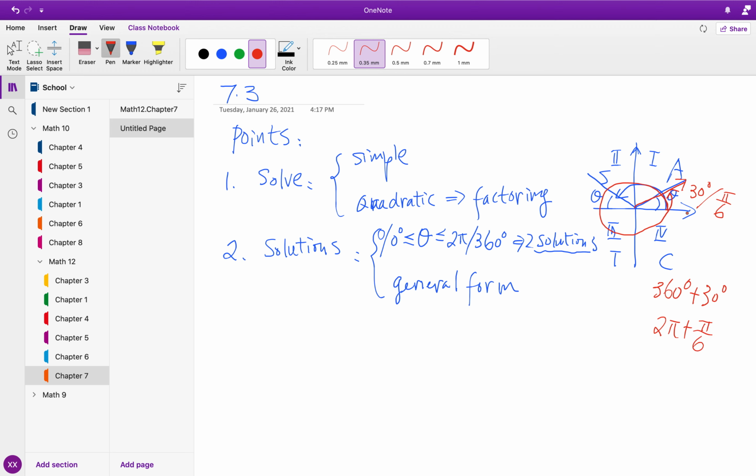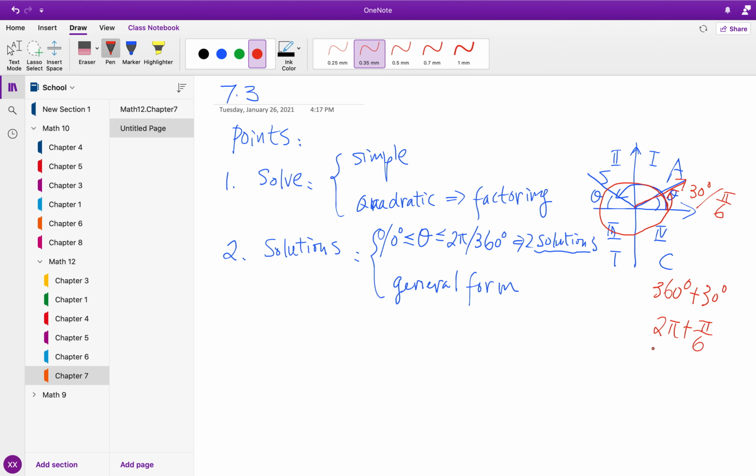However, this can turn again. Then it becomes 2 pi multiplied by 2. This is 2 pi multiplied by 1. Then 2 pi multiplied by 2 is 4 pi plus this. And that can turn forever because this could be a coterminal angle.